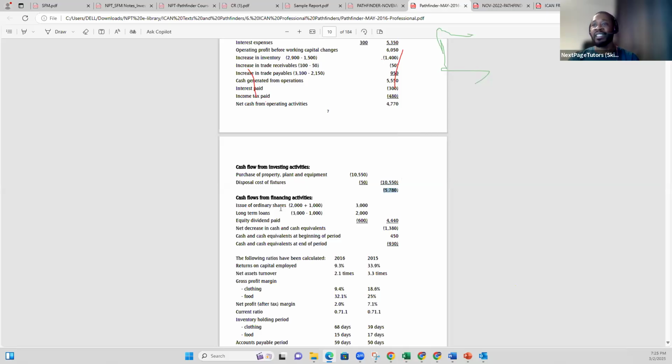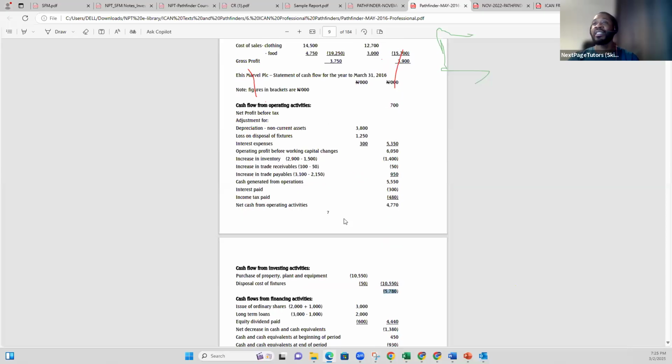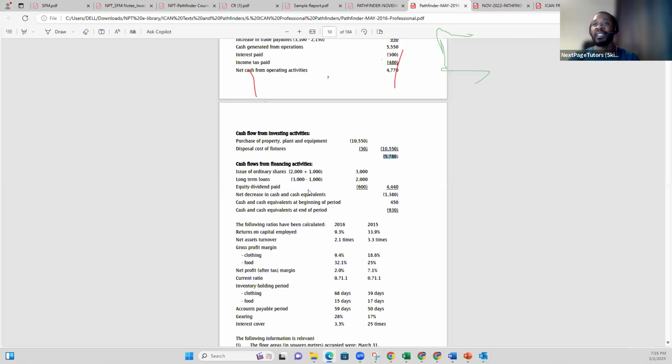On the financing activity side, they issued ordinary shares during the year 2016, and also they issued a long-term loan. Wow, both shares and long-term loan. Interesting. 3K, 2K, and then equity dividend was paid, 600, and that is how they have this positive inflow from financing activity.